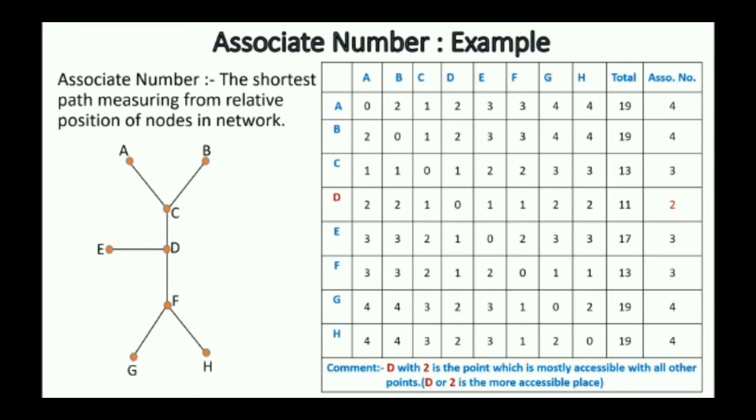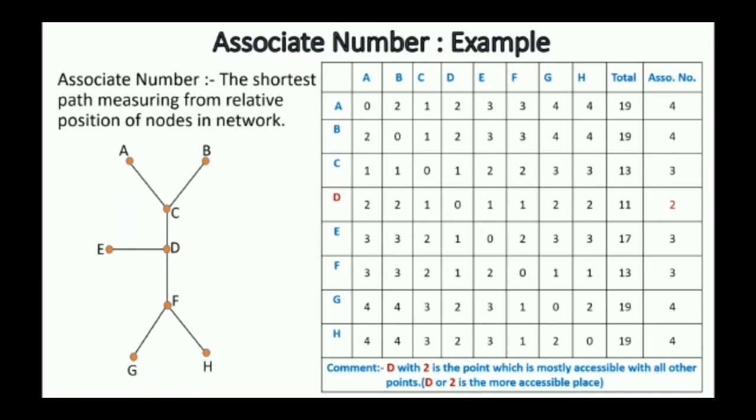Now we want to go from vertex A to vertex C. That is 1 path, so we write 1 in the matrix. In the same way, if we want to go from vertex A to D, we have to move 2 paths. From A to E, 3 paths.